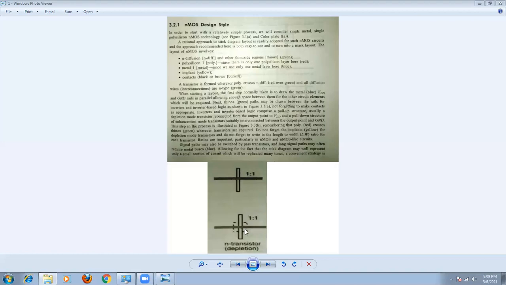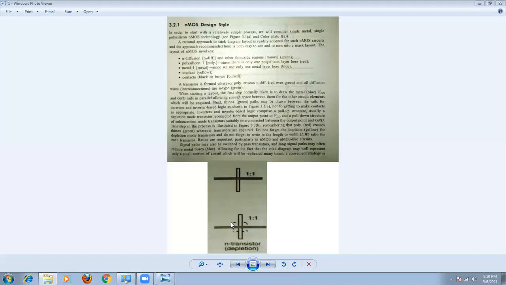In the NMOS design style, the pull-down transistor is the N-channel enhancement mode transistor, but the pull-up transistor is the N-channel depletion mode MOSFET. Remember, this is the most important. In order to identify this depletion mode transistor in the structure, we have an implant.